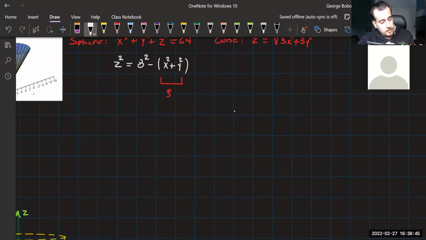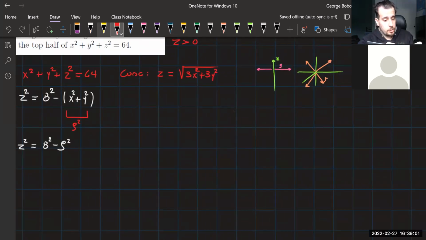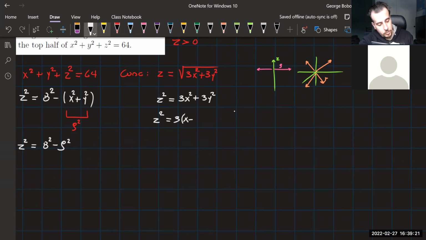Okay, so we've got that Z squared, and we're in nice cylindrical coordinates now, is equal to 8 squared minus, well, this is rho squared, not just rho. There you go. And then the other one over here, I wish to square his equation so I can get a Z squared. I'm going to get 3x squared plus 3y squared, but I can also factor the 3 out. So Z squared is equal to 3 times x squared plus y squared.